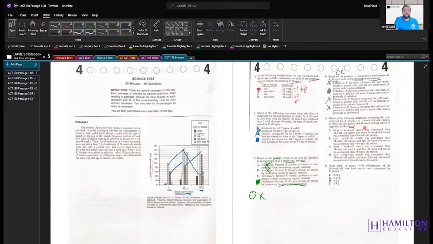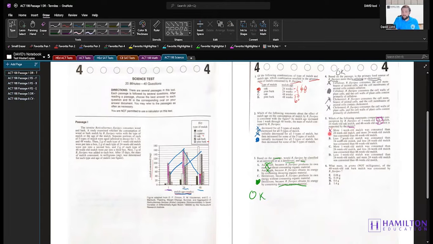Oh, actually, we're not looking at all of it either. We're looking only at the oak mulch. So let's highlight that. So we're looking at this middle bar. And I can see that it went up, then down. So I want the one that says 24 weeks is the greatest, and week 1 and 48 are smaller.